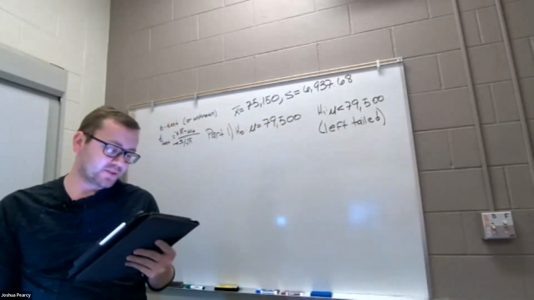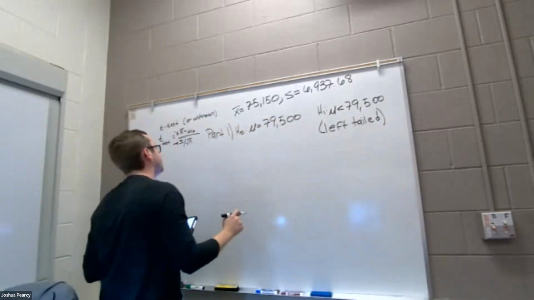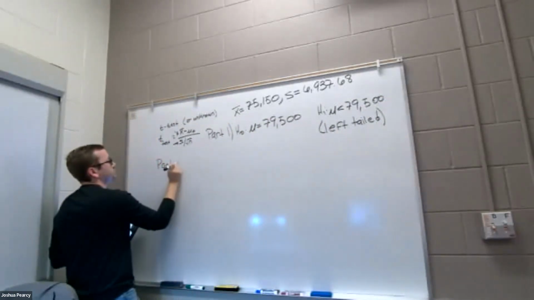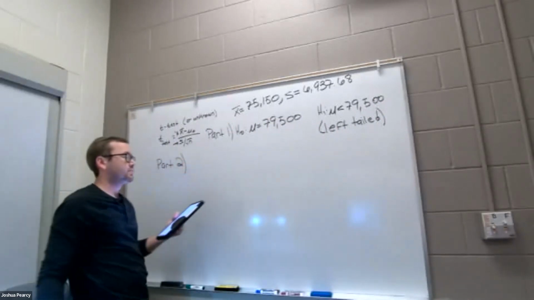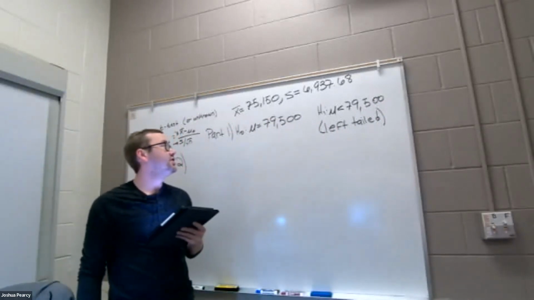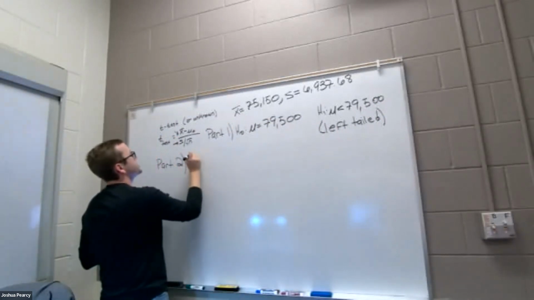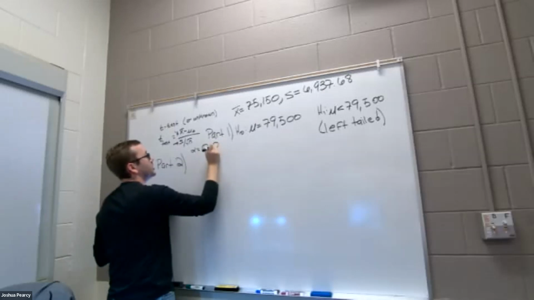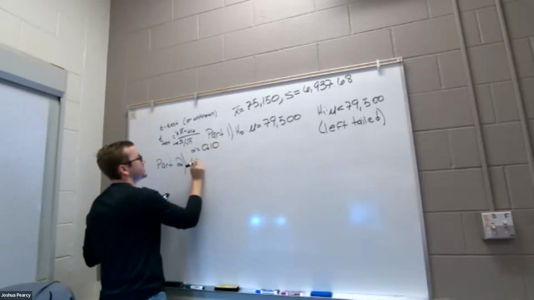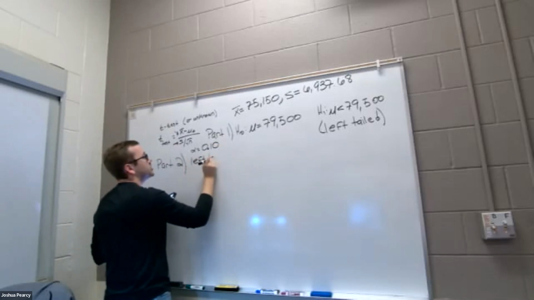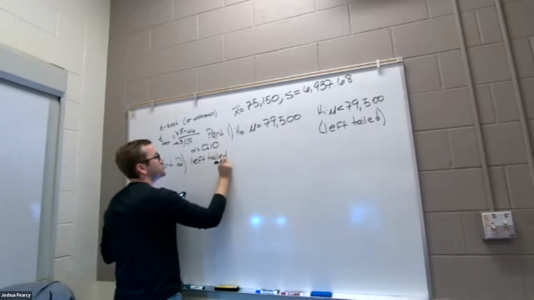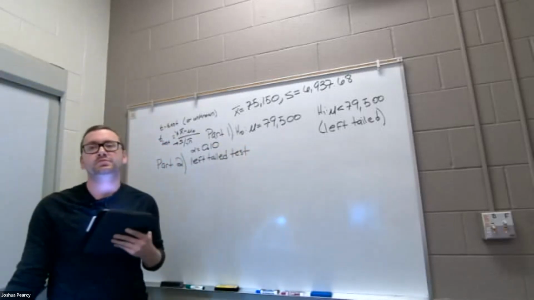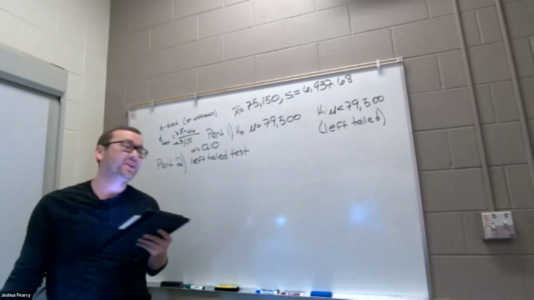The next part, find the critical values and state your decision rule. First thing you want to note is what is alpha. So alpha is 0.10. You have a left-tailed test. And what's the last thing you want to note? You need to find the degrees of freedom.